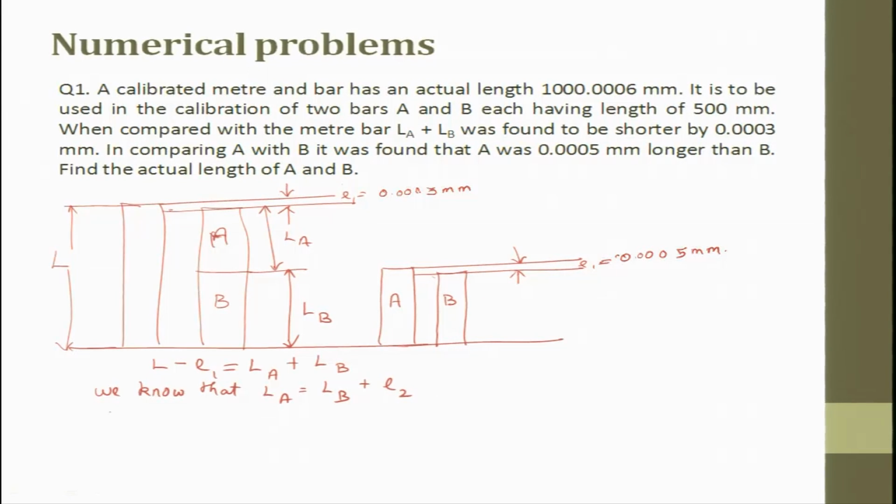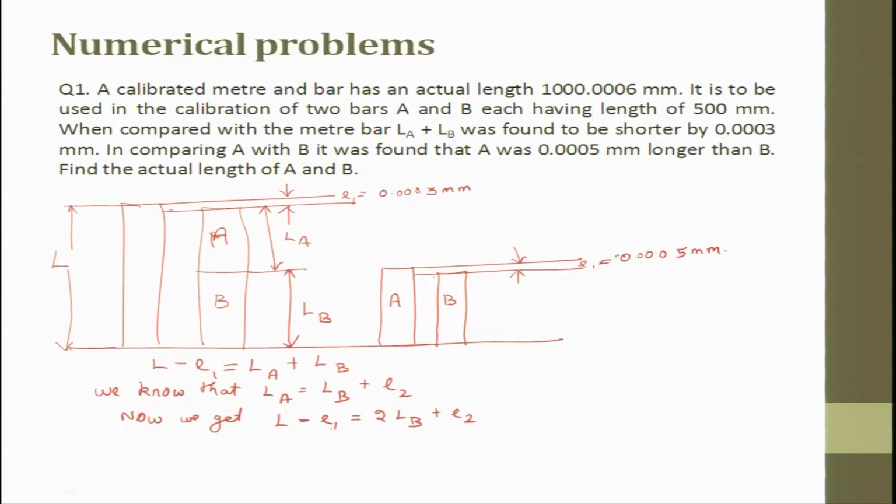So now we get L minus E1 equal to 2 times LB plus E2.